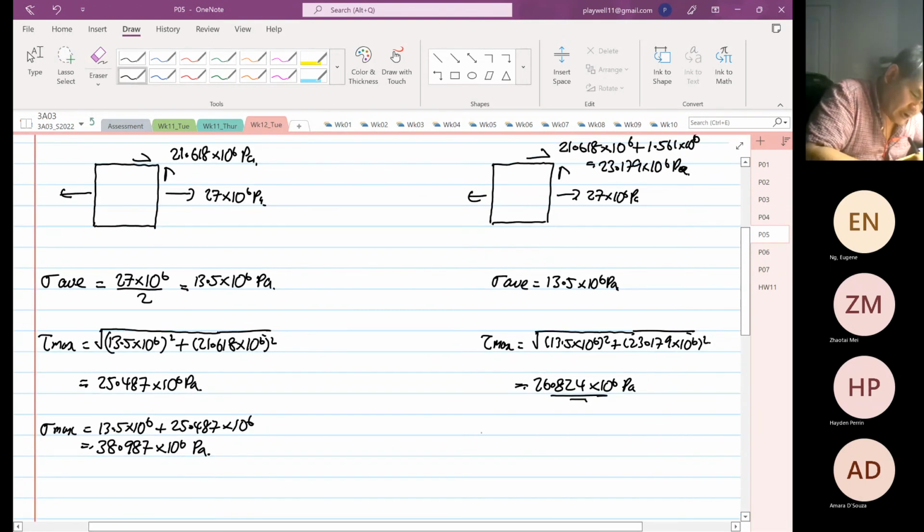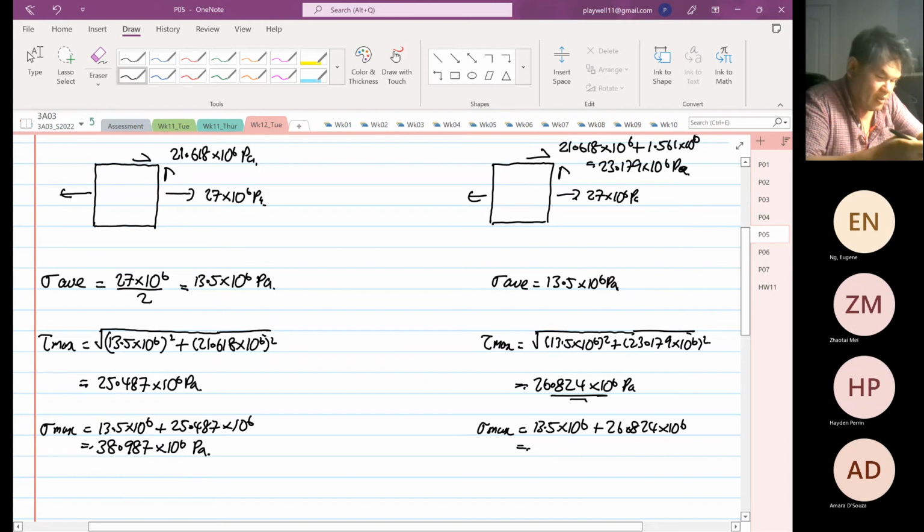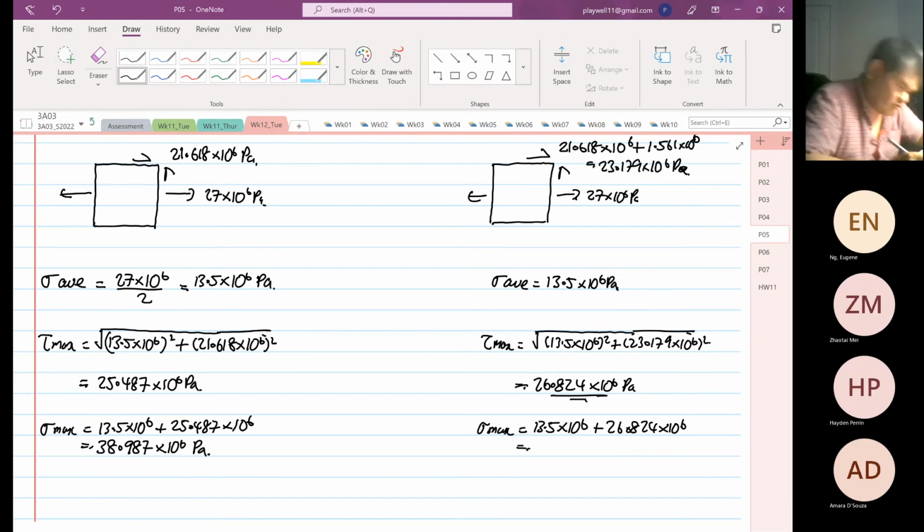If we consider the shear induced by the shear force, 13.5 plus 26.824 times 10 to the power 6 is equal to 40.324.